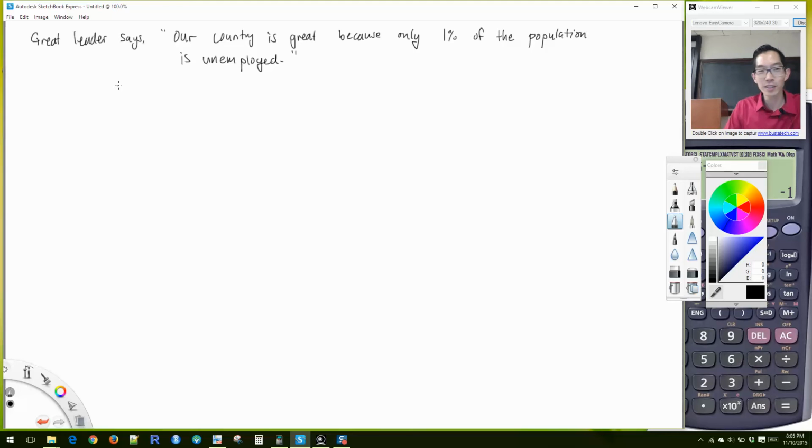So basically, his statement is about the proportion, okay? So when we look at it from a statistical perspective, we're going to say that great leader says P, the proportion that is unemployed, is 0.01.